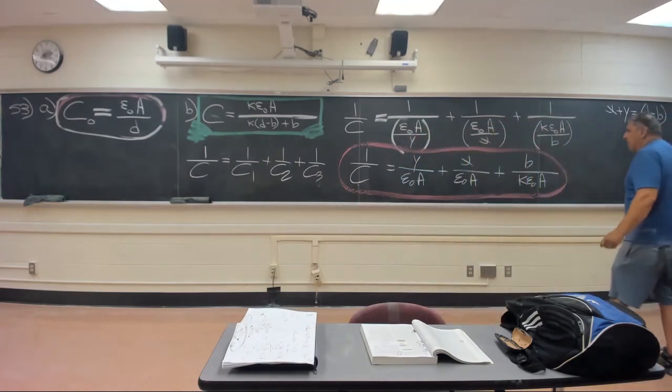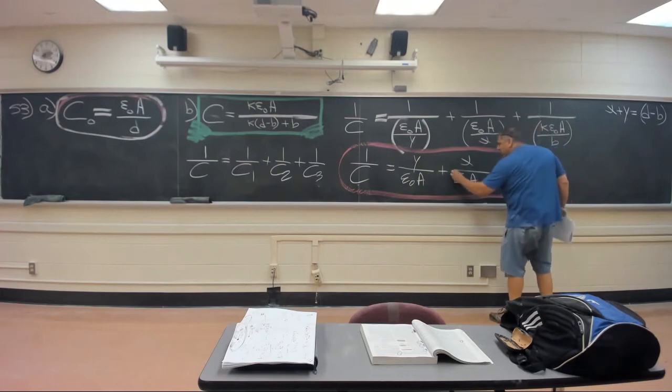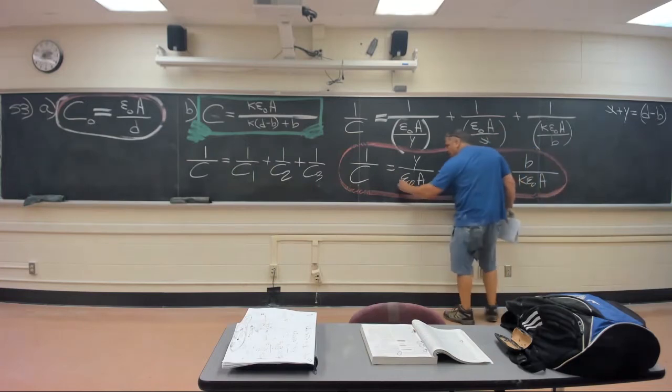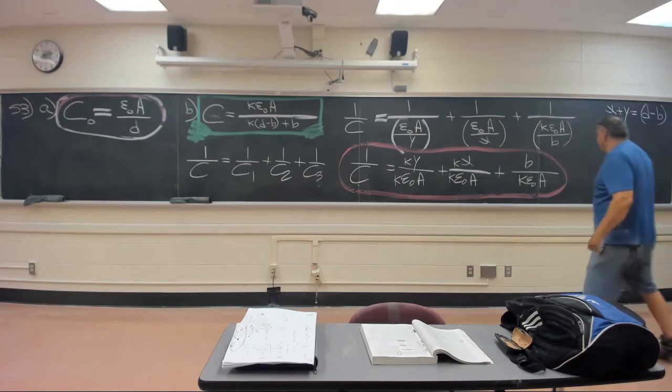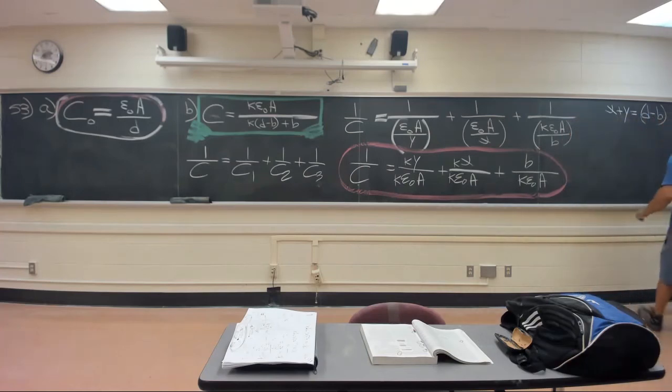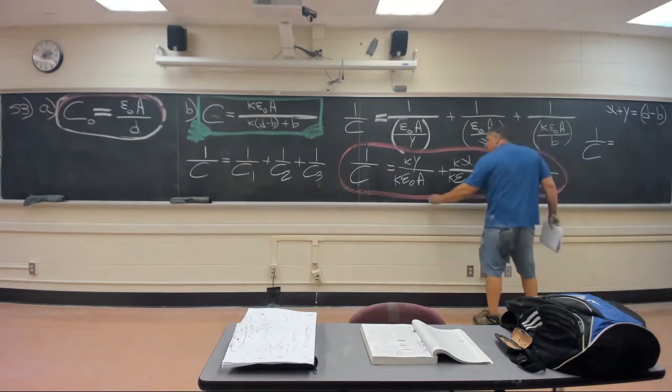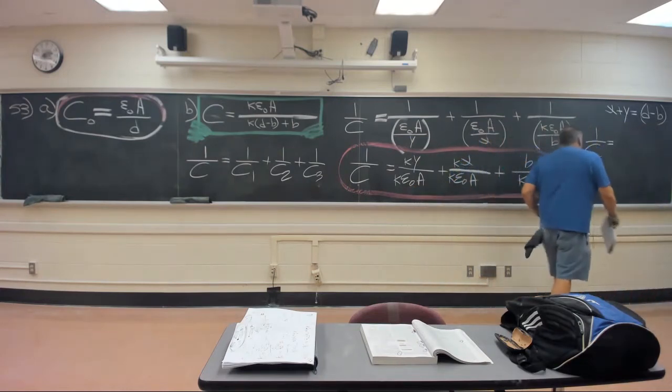Let's get a common denominator, guys. Pretty close to it already, isn't it? Like we said in the past. Why don't you go kappa right here, kappa right there. Okay. Go 1 over C is equal to all these, we got this.